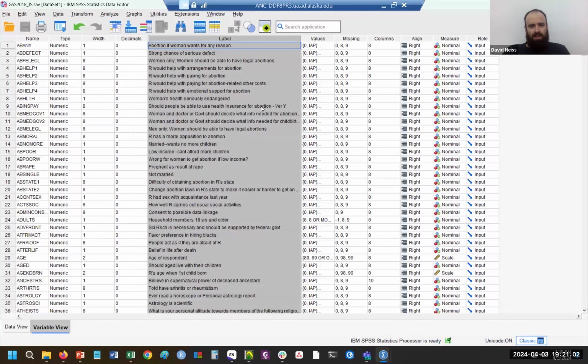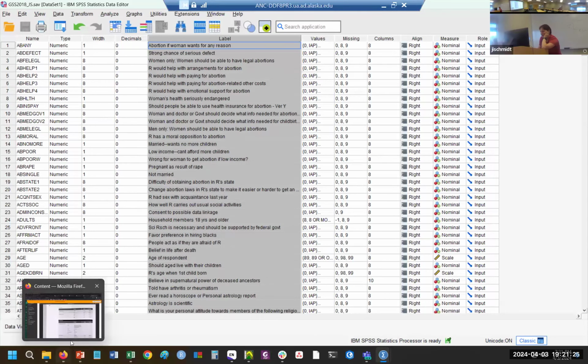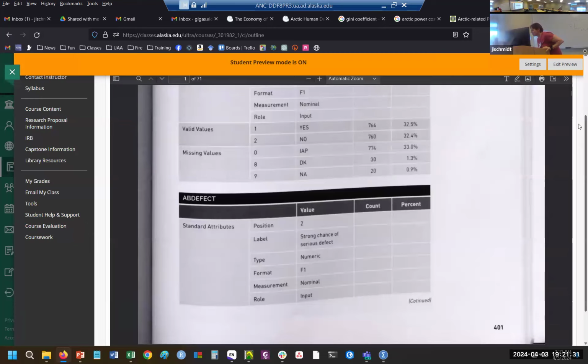This is a challenge. I thought I was getting this, but now I'm trying to figure out if people who have cats are more likely to have dogs. And I need the code book or something. Well, I suggested going to the variable view, and this is where you could get the information, but if you're struggling with what does that parameter mean, you can go to the GSS folder on Blackboard.